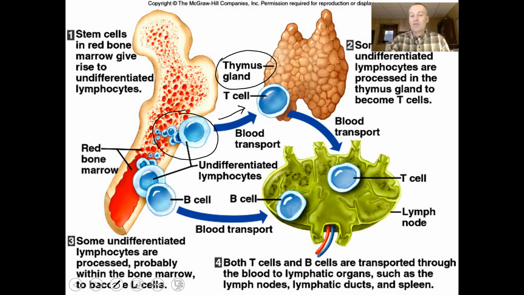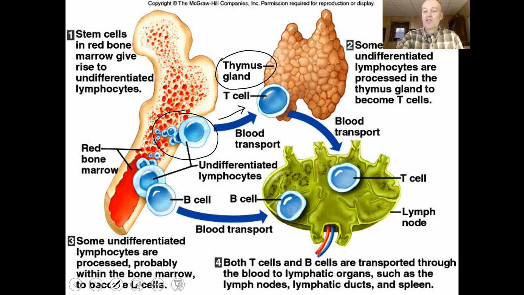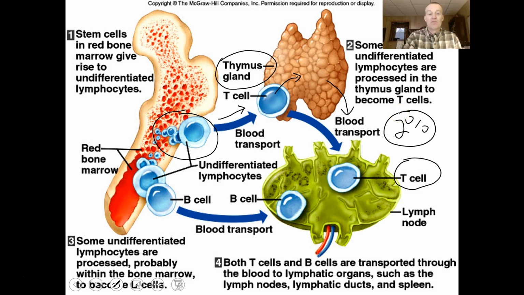In the thymus, if these T cells are presented with self-antigens and they respond, they're going to be eliminated. If they don't respond, then they'll make it through the maturation process and head out into the body and perhaps end up in a lymph node at some point. Remember, only 2% of the cells pass that process. 98% of the cells don't pass.